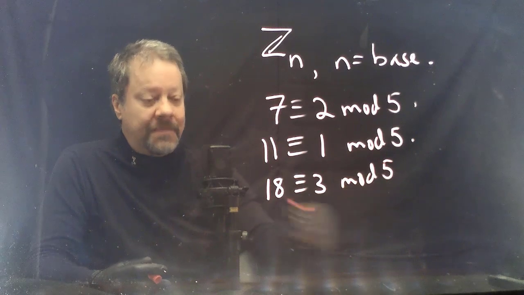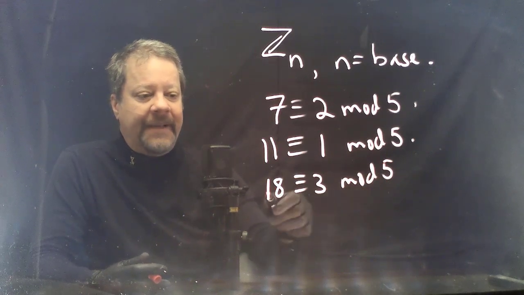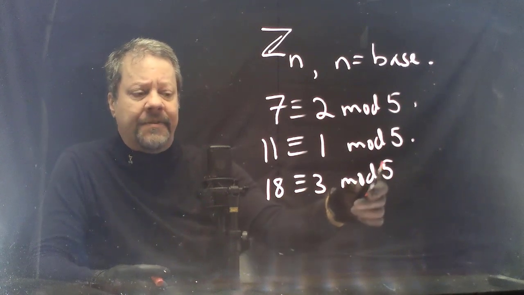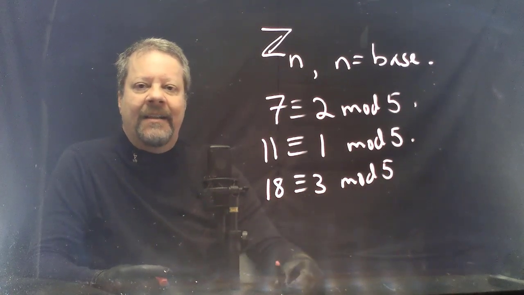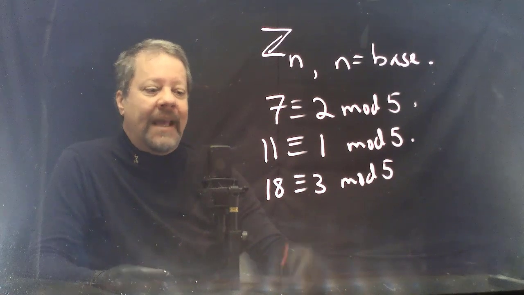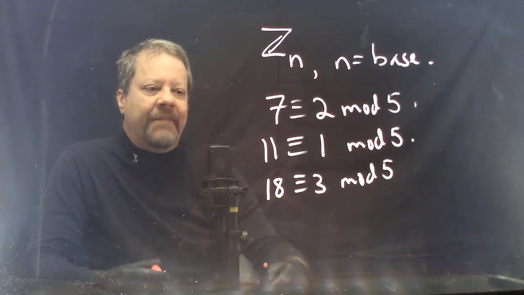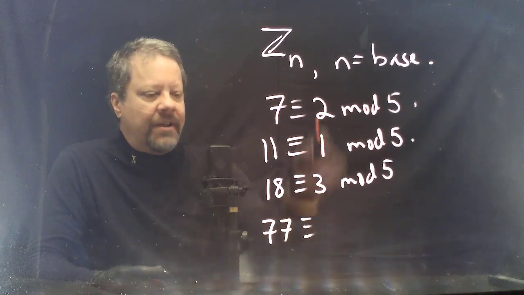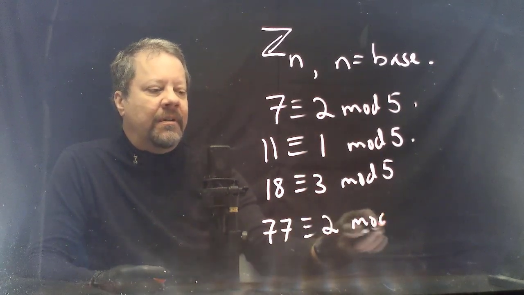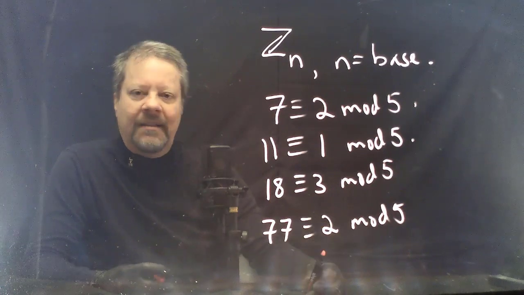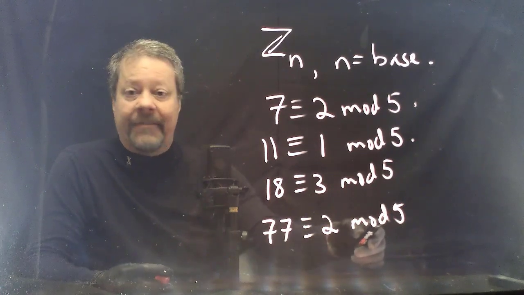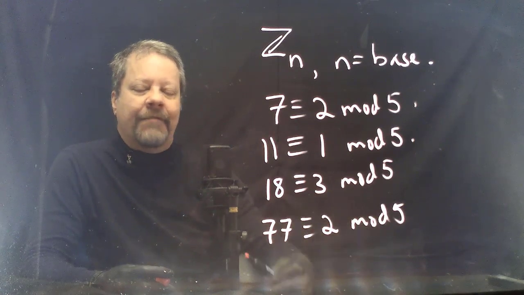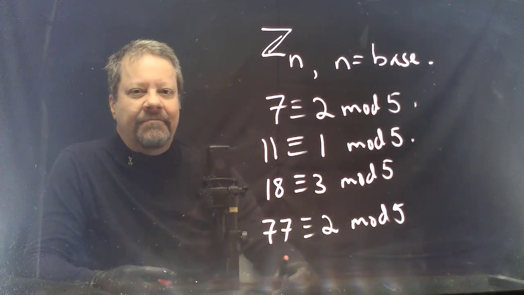Well, you can subtract multiples of 5 from 18 to get the congruence class. And clearly 3 times 5 is 15, subtracted from 18 gives you 3. And so 18 is in fact congruent to 3 mod 5. What about the product? Is it true that 77 is congruent to 2 mod 5? Well, 5 times 15 is 75. That'll leave a remainder of 2. So 77 is in fact congruent to 2 mod 5.